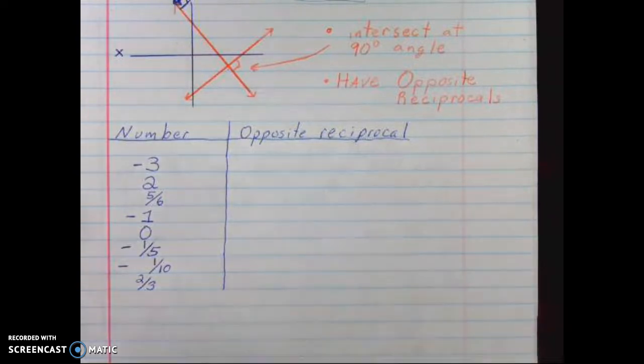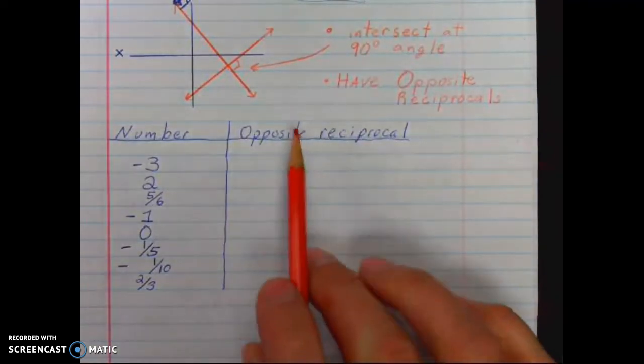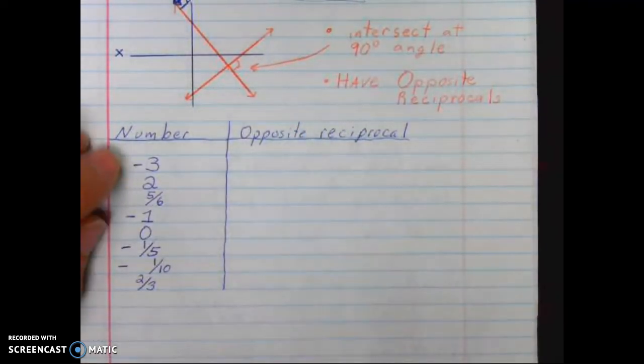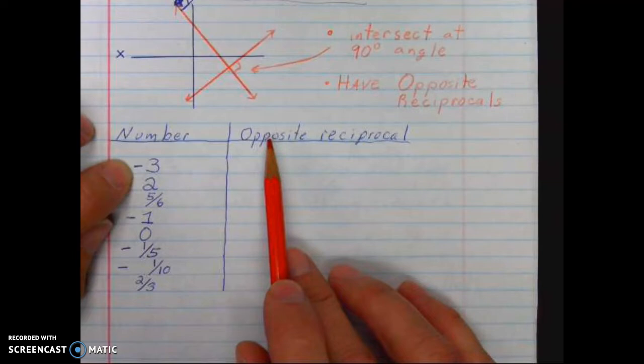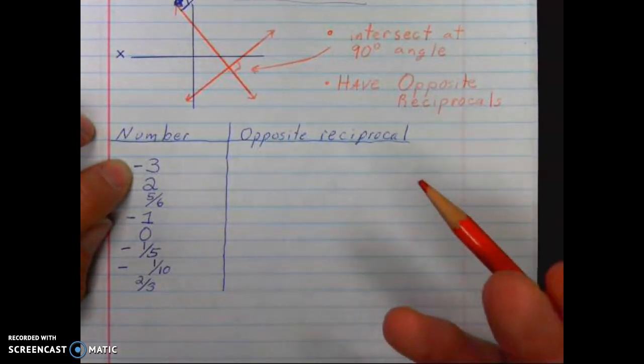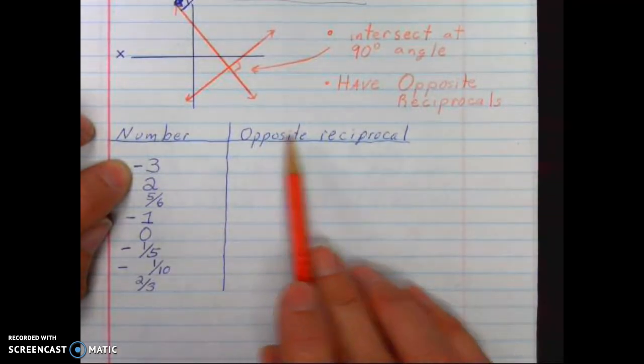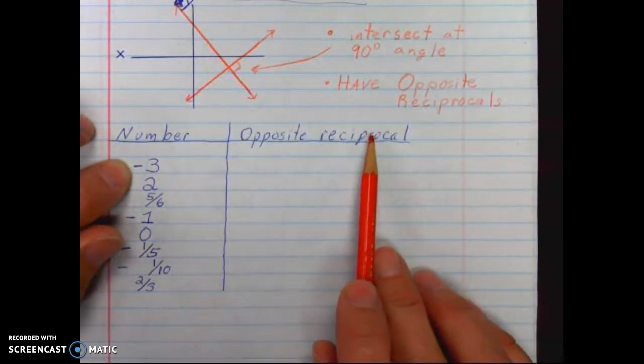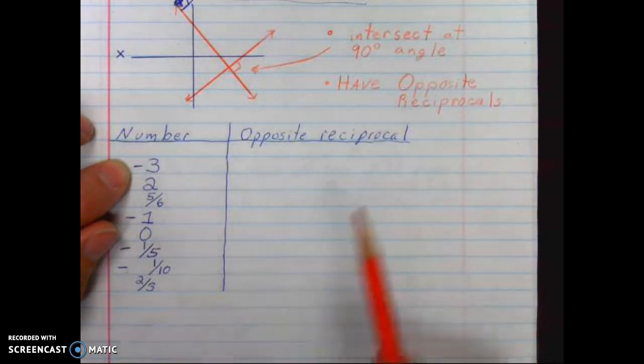All right, now that you have our examples written down, let's see what an opposite reciprocal is. Well, opposite is referring to the sign. So if I have a -3, my opposite is going to be positive, right? So we won't have a problem with positive, but we might need a refresher on what a reciprocal is. Well, a reciprocal is a number that's been flipped, right?